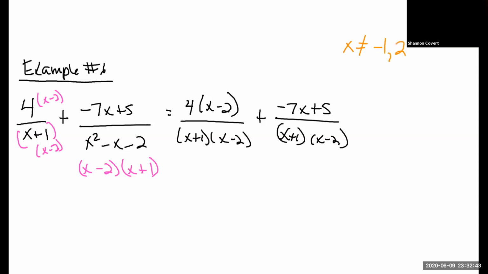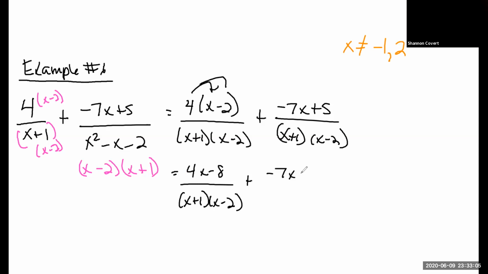Hopefully you're getting pretty good at solving those. So that's what makes x plus 1 equal to 0 and what makes x minus 2 equal to 0. I'm going to distribute: 4x minus 8 over x plus 1 times x minus 2 plus negative 7x plus 5 over x plus 1 times x minus 2.